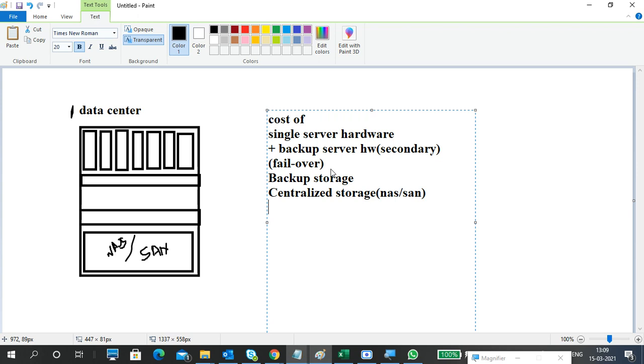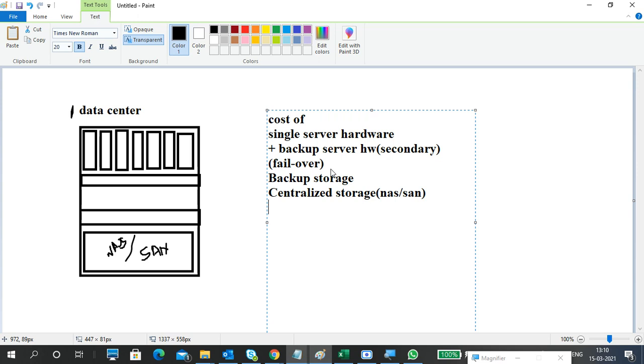So I need a centralized storage for storing a huge amount of data. A normal system has limited disk space, but central storage has a maximum storage space. Some have 4 terabytes, some 8 terabytes, some 64 terabytes. It depends upon what kind of NAS and SAN you have taken. Centralized storage is required.